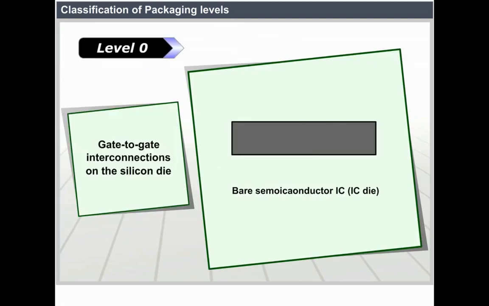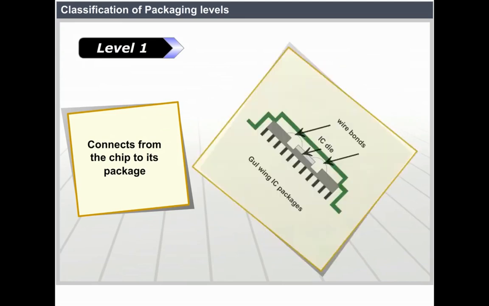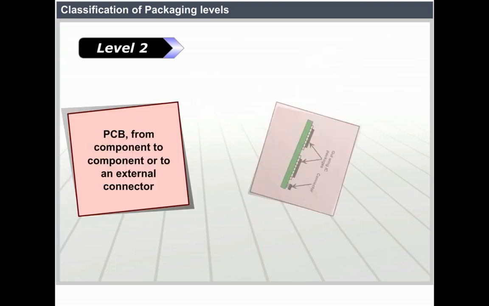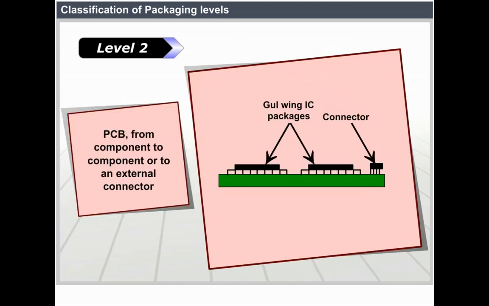Level 0, gate-to-gate interconnection on the silicon die. Level 1, connection from the chip to its package. Level 2, PCB from component to component or to an external connector.